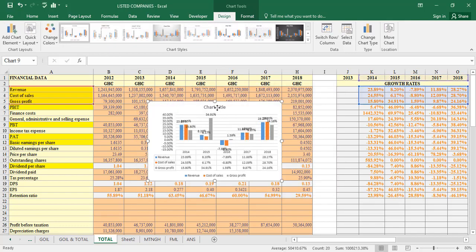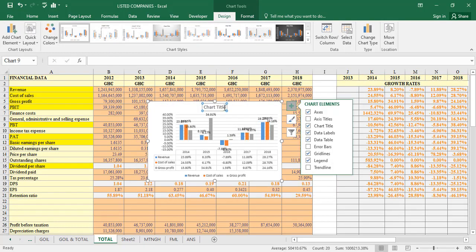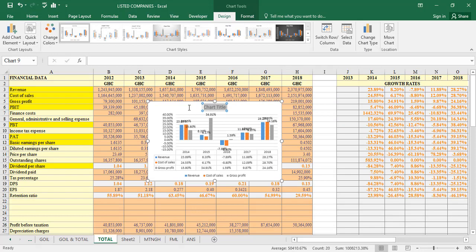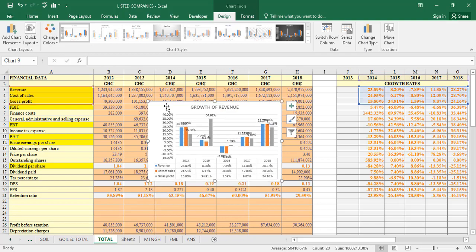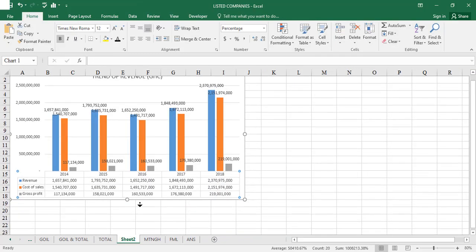Okay, so we rename it as the growth of revenue. Okay, so let's cut it to our sheets and then do the discussion.